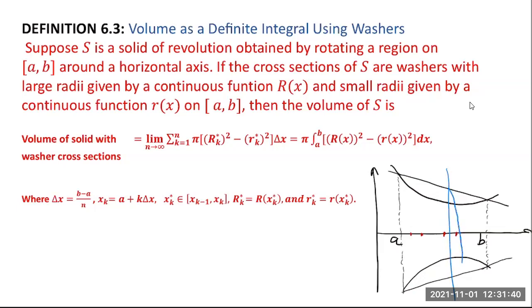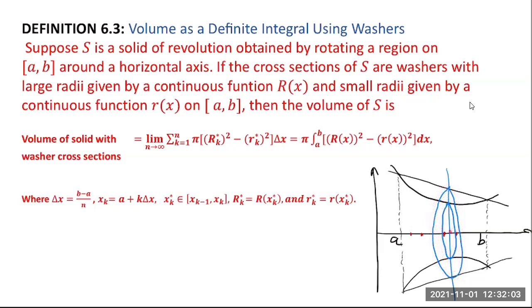So washers would look like this. Of course, this is empty, nothing in it. This kind of object is called a washer. You have material in between those two circles.